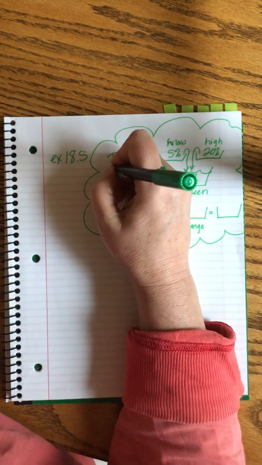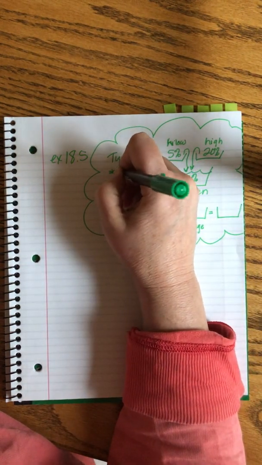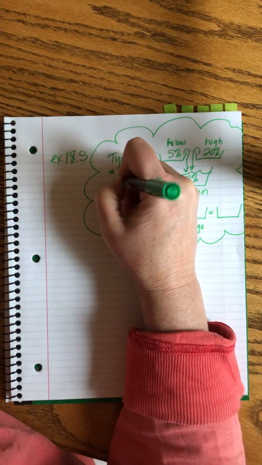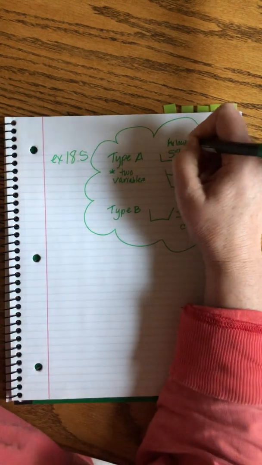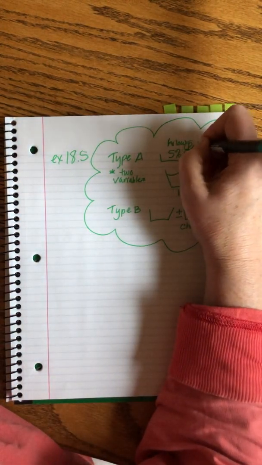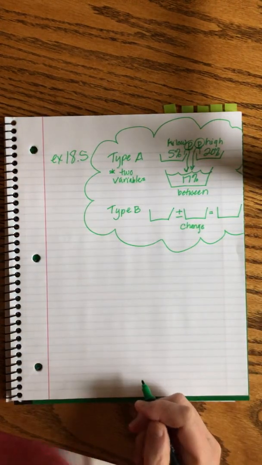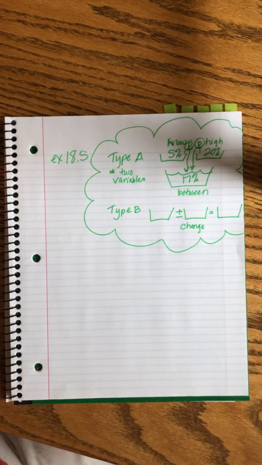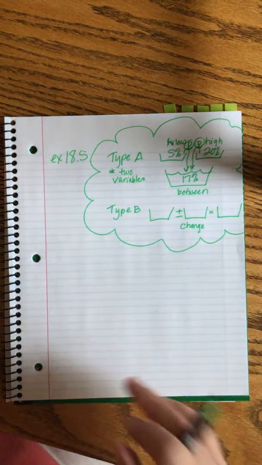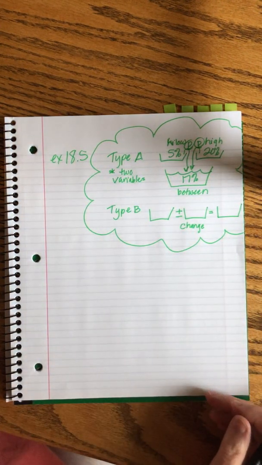Now, one thing I want to tell you about these is that when we set them up, we're going to have 2 variables. And we call them P and D, right? Which stand for pouring and dumping, which is kind of silly, but it's just a little shorthand way of saying we're pouring 2 different things in, and we'll use those different letters to help us distinguish which is which.